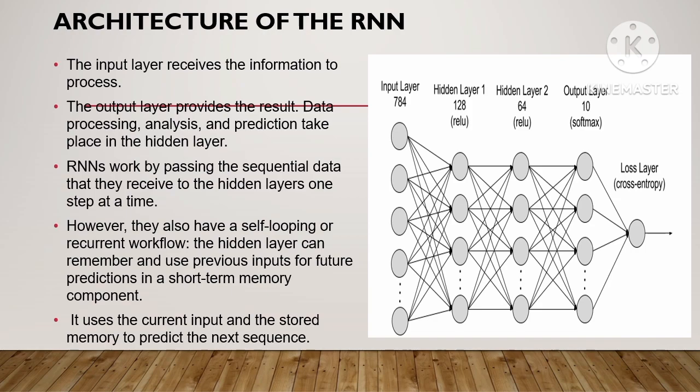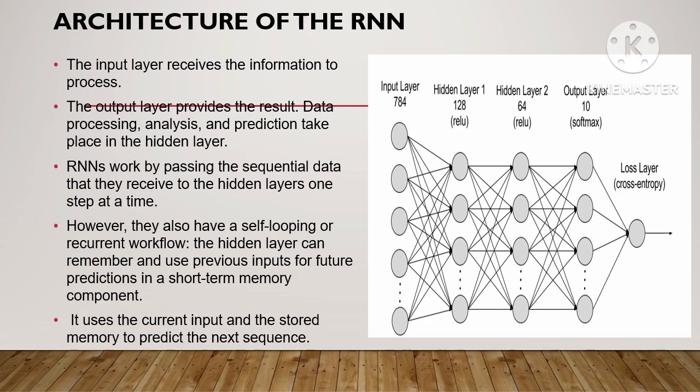However, we also have a self-loop or recurrent workflow. The hidden layer can remember and use previous input for future predictions in a short-term memory component. So it has some short-term memory to remember previous inputs, which it combines. It uses the current input and the stored memory to predict the next sequence.